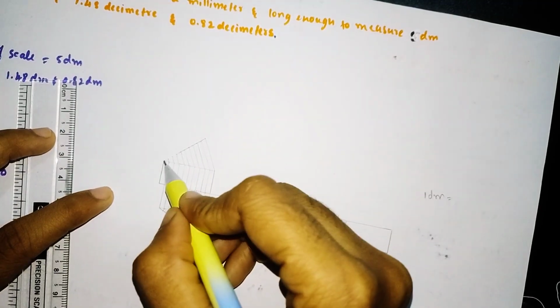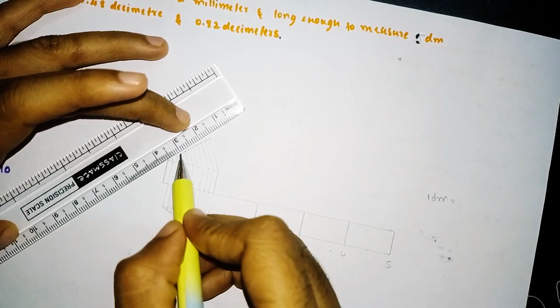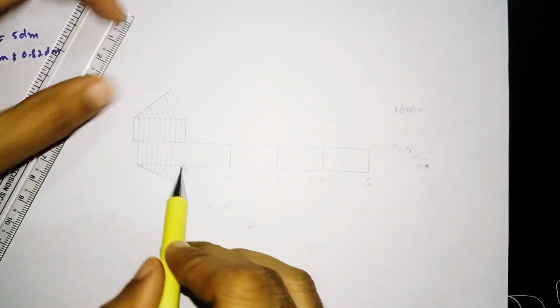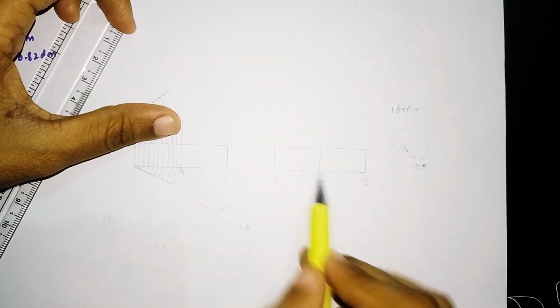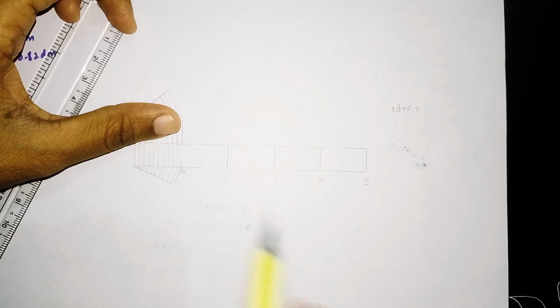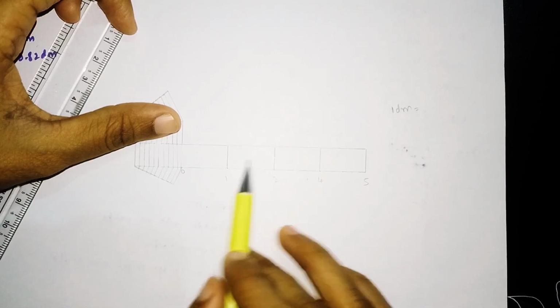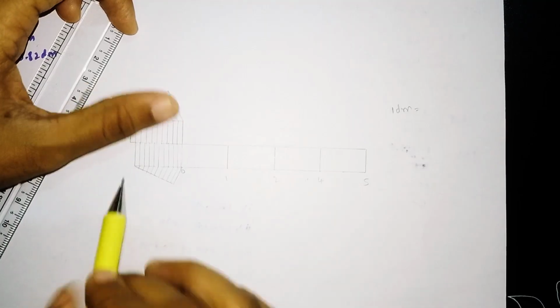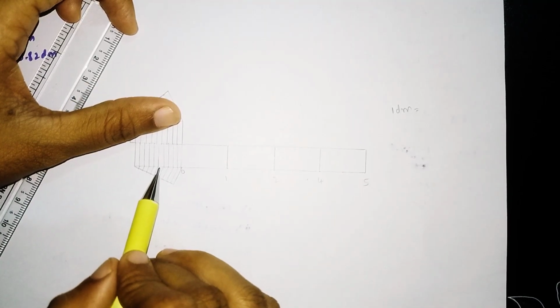So now look, this is how it looks. This is our main scale. From here to here shows the scale of the decimeter unit. This is our main scale, this shows the value of our centimeter, and whatever we are drawing now gives the value of our vernier scale.